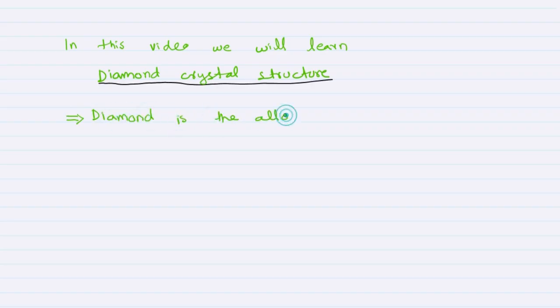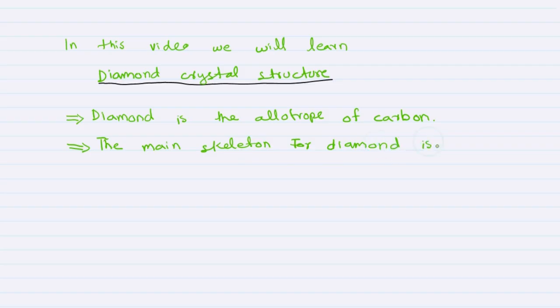Diamond is the allotrope of carbon. The main skeleton for diamond is face-centered cubic lattice.